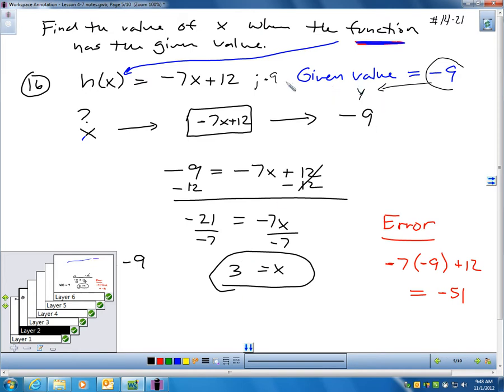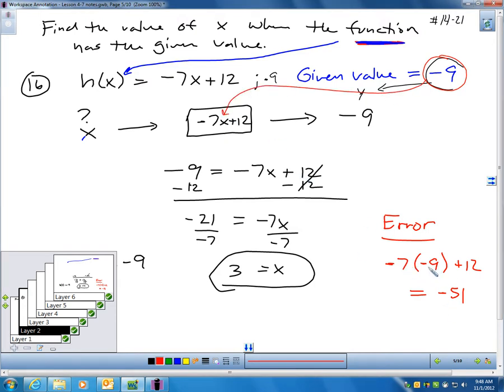So if h of x works out to negative 9, that means we had to plug in 3 originally to get that. A common error in this problem would be to just take, I'll circle it in red, negative 9 and plug it in here. If you do that, you're going to get negative 51.